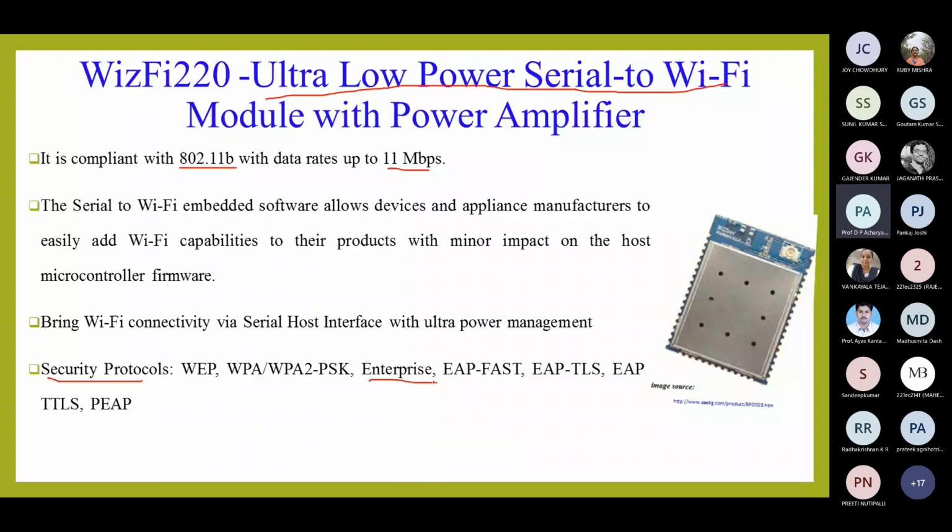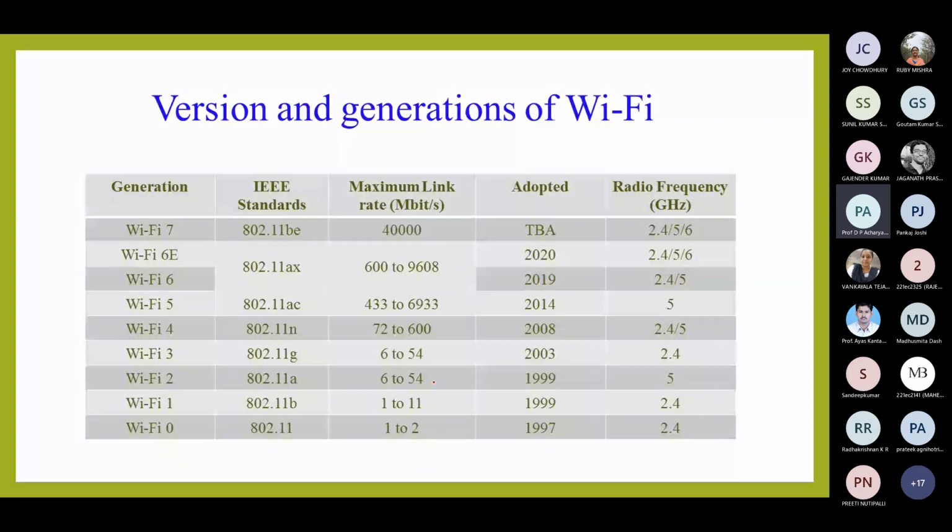Then there are different versions and generations of Wi-Fi. Wi-Fi starts here, you can see version 0 in 1997. Then here we are at 2020, so it's 6E, and we have this 7. Here the data rate is gradually increasing, and the radio frequency is 2.4 and 5 gigahertz.